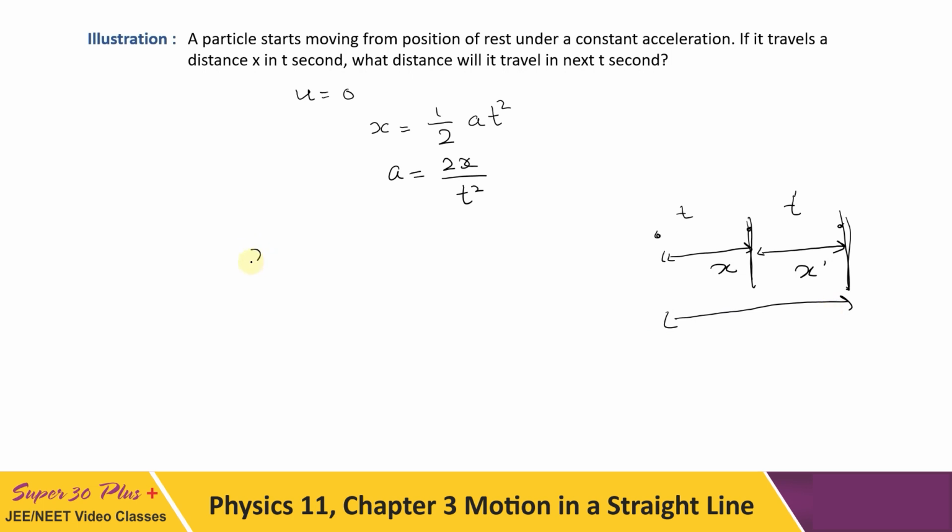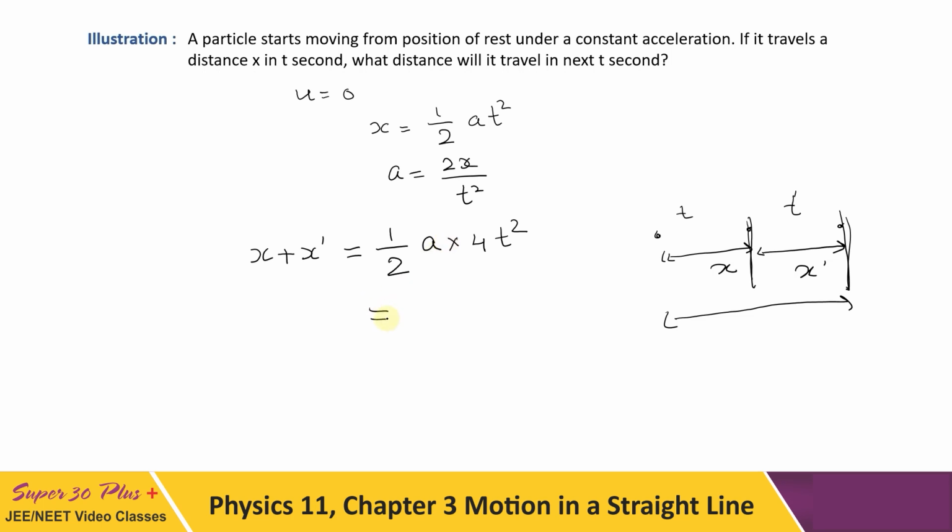Since the distance travelled is x plus x dash, that is equal to, u is given 0, so directly it can be written as half a. Now what is the time span for this whole journey? That is equal to 2t. So the square of that term will be 4t square. Now write the expression of a from the above equation.